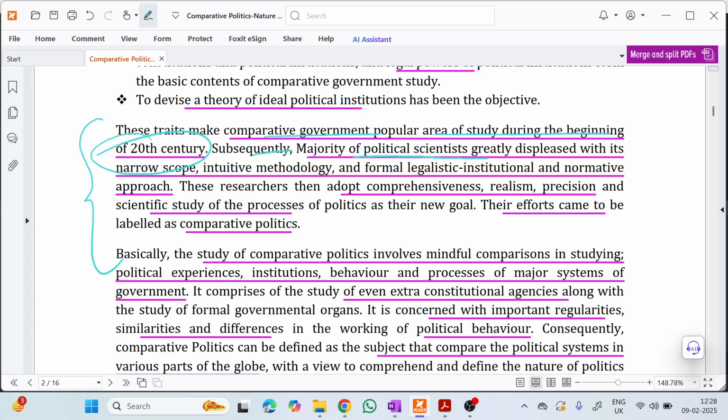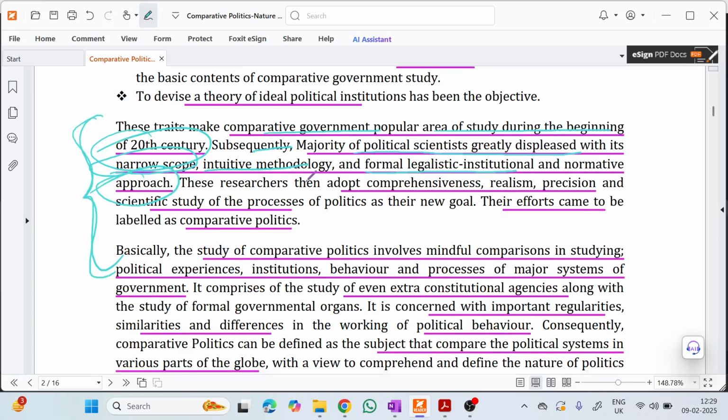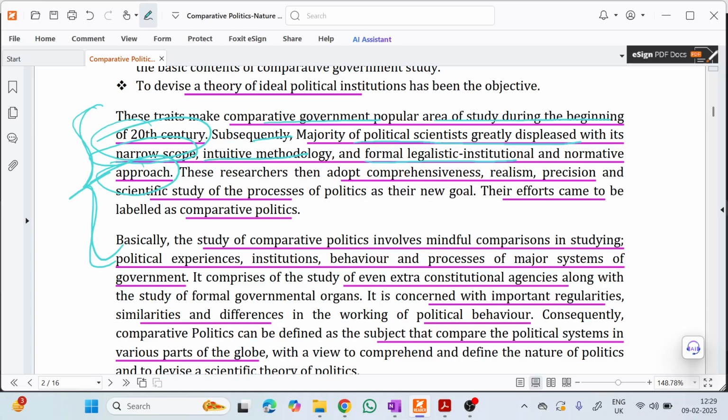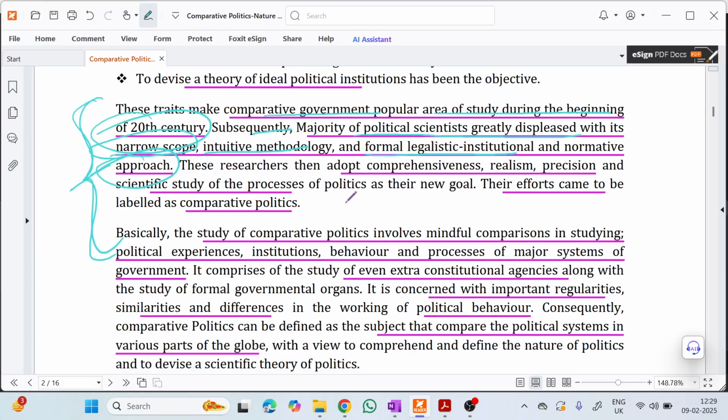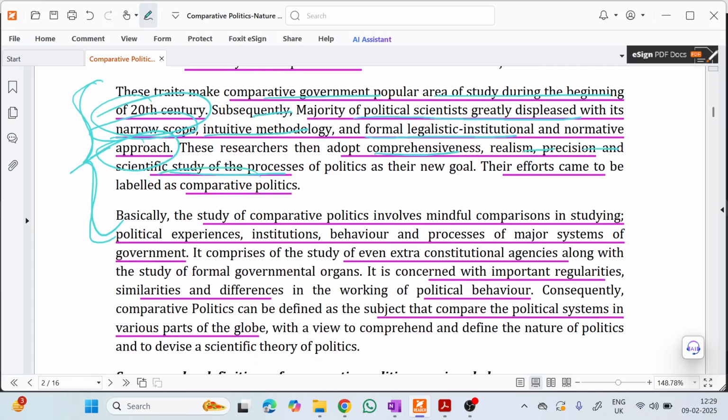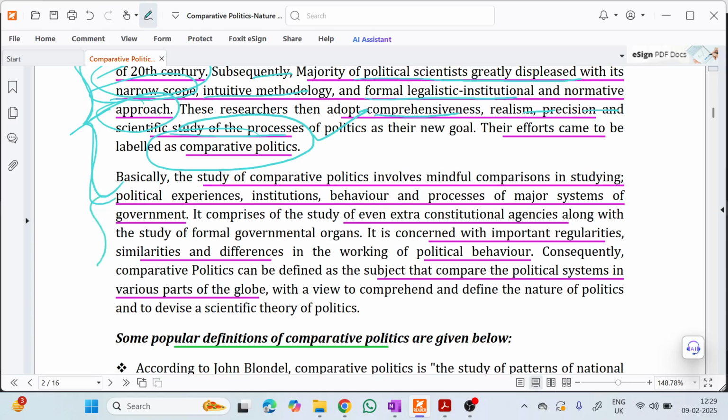Subsequently, the majority of political scientists were displeased with the narrow formal scope, the intuitive methodology, and the formal legalistic institutional and normative approach. All of such lacunas were overcome by adopting comprehensiveness, realism, precision, and scientific study of process, which culminated in the creation of comparative politics.